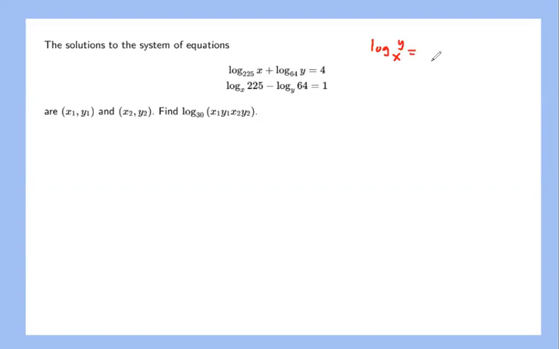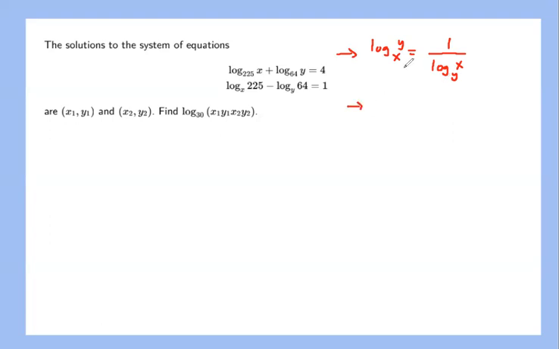If the base and the argument are swapped, that is going to be the reciprocal of the logarithm, which can be written as 1 over log base y of x. Okay.